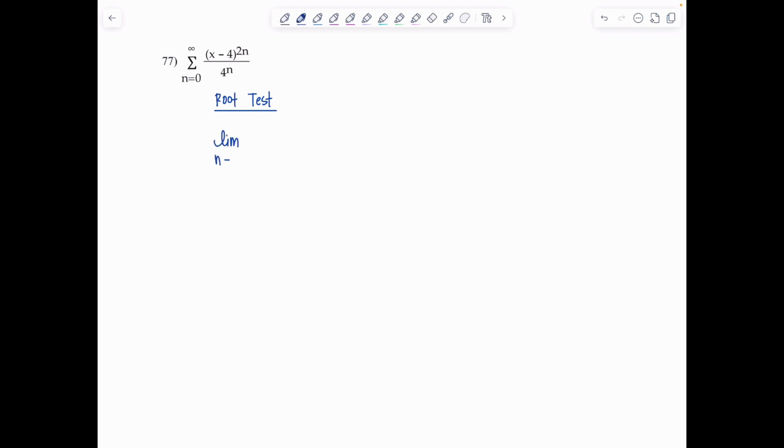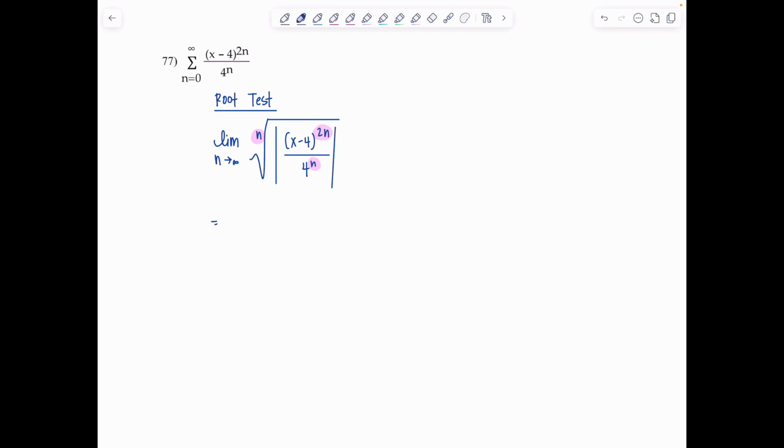So we've got limit, n goes to infinity. We're going to take the nth root of the absolute value of a sub n. So x minus 4 to the 2n over 4 to the n. And then remember, when we take the nth root, we divide each of the exponents by n because you're raising them to the 1 over n. So it's going to end up dividing.